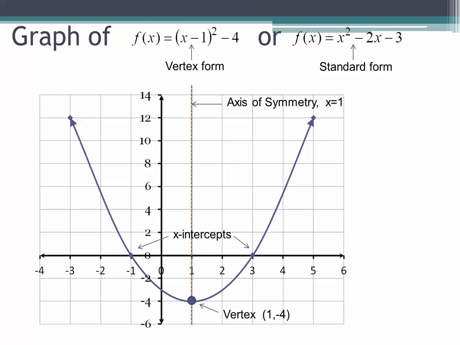If we were to take the equation f of x equals x squared minus 2x minus 3 and set it equal to 0, we would find the x-intercepts, which are negative 1 and 3. So this is a parabola that opens up because the a value is positive. The vertex is the lowest point on the graph, meaning that this parabola has a minimum.